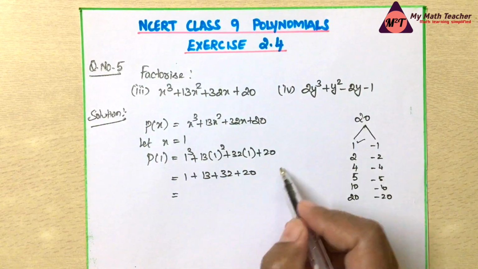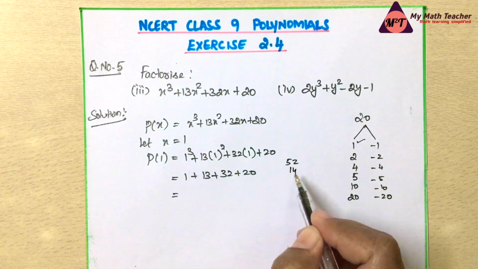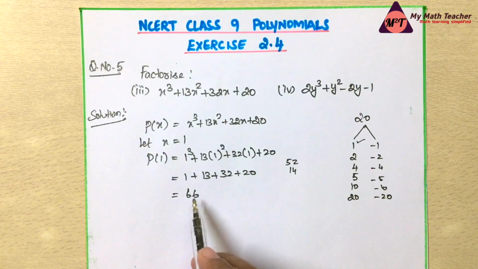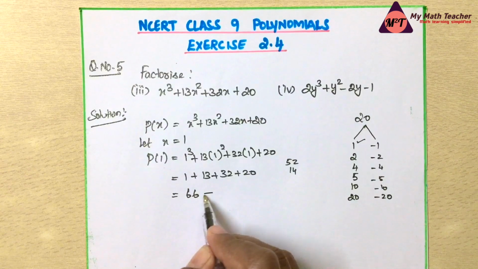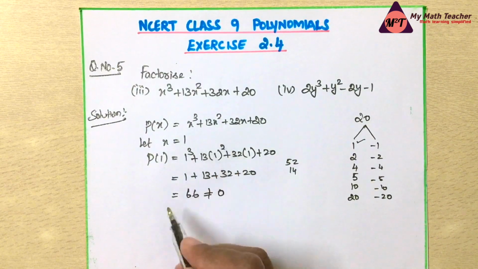When you add all the numbers, it will be 66. We know that this is the remainder of the polynomial. If the remainder is 66, definitely it is not a factor. So as this is not equal to 0, x is equal to 1 is not a factor.